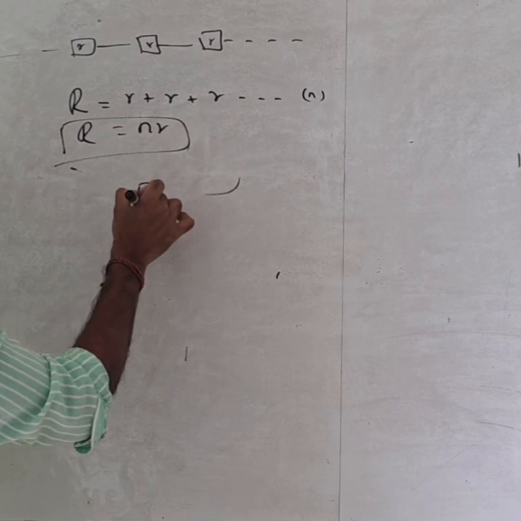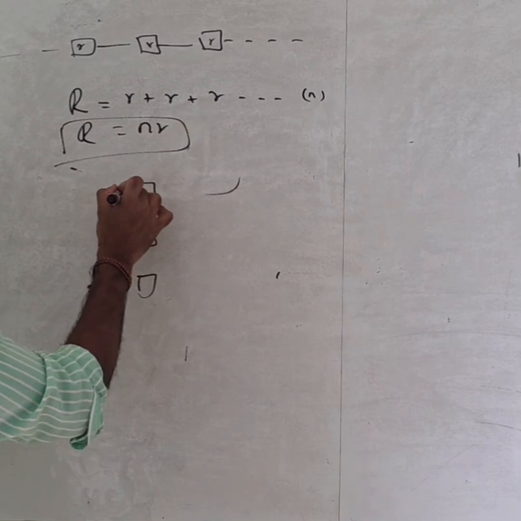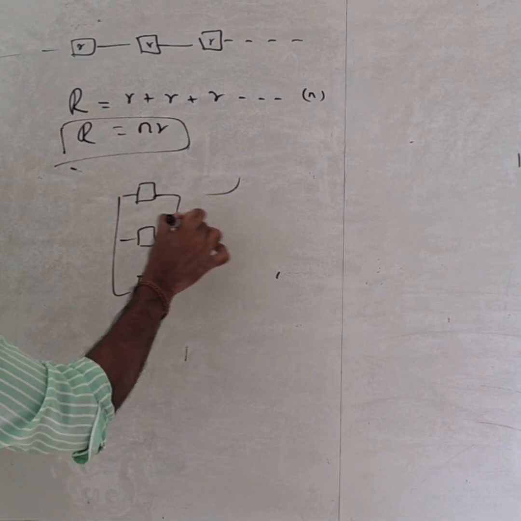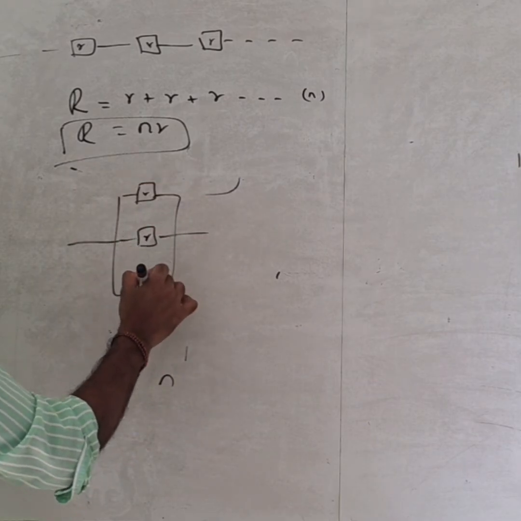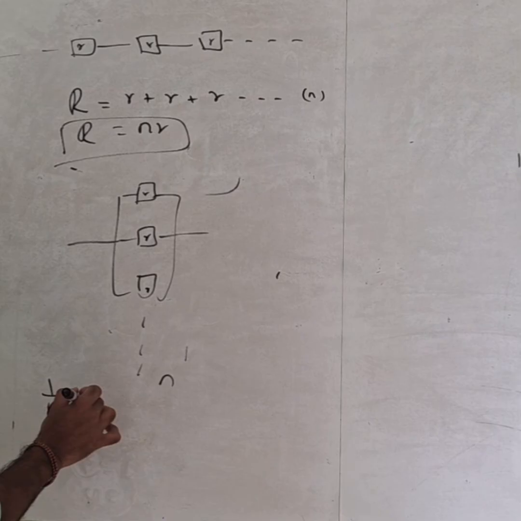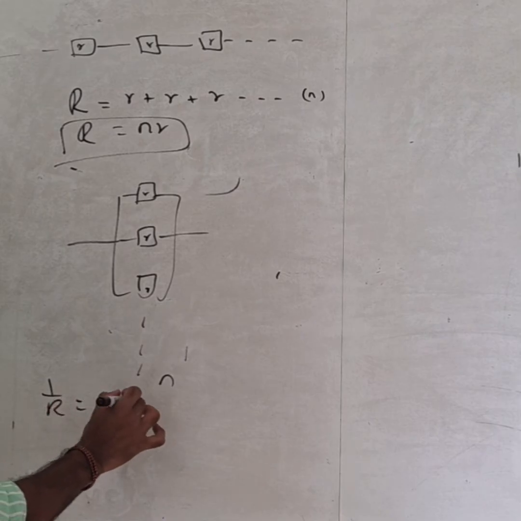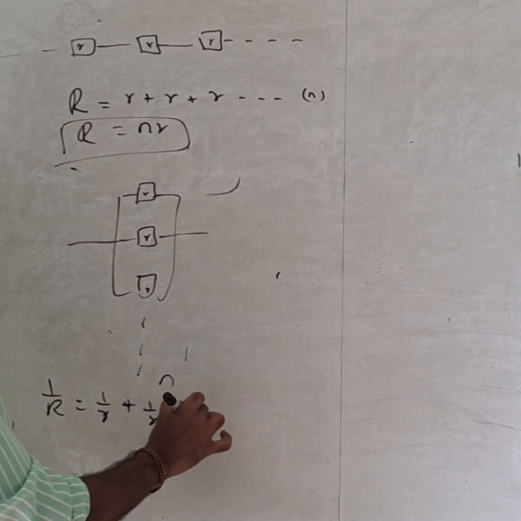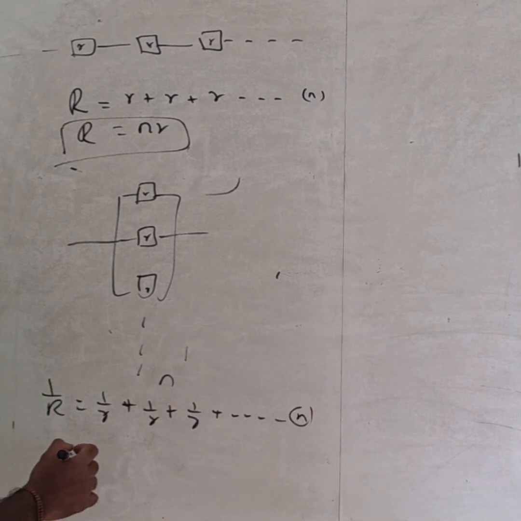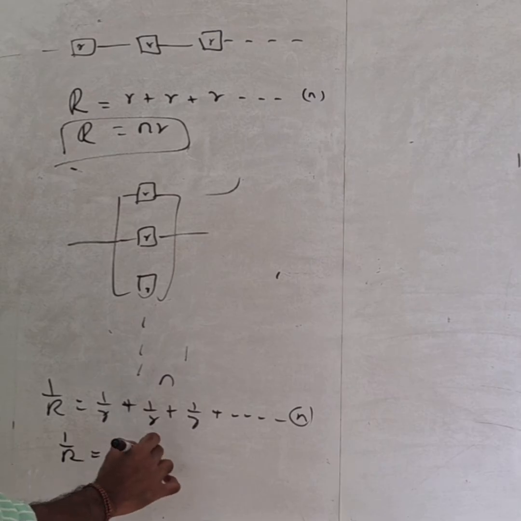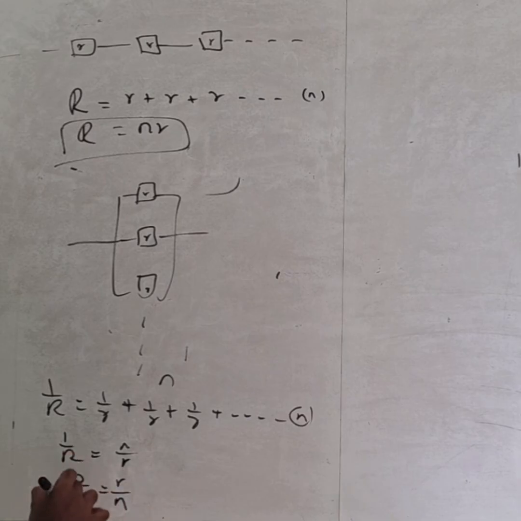If you have a parallel circuit up to n, all of them r, 1 over R is equal to 1 over r plus 1 over r plus 1 over r up to n number of times. So 1 over R is equal to n over r. So R is equal to r divided by n.